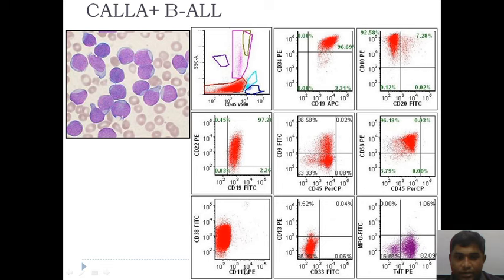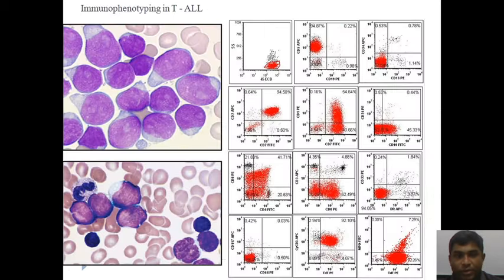And you can see CD117 and CD13 are negative. So this population is on the lower side of the y-axis, whereas on the left-hand side of the x-axis, so it is negative for CD13 and CD117, which are myeloid markers, and it is positive for B markers CD19 and CD10. So this is a case of B acute lymphoblastic leukemia.